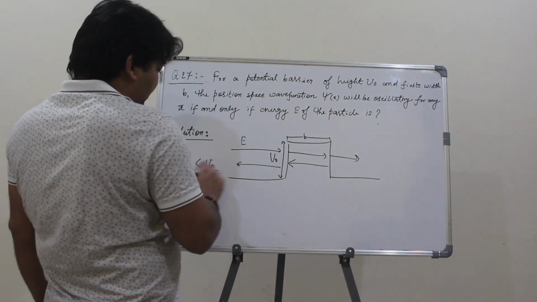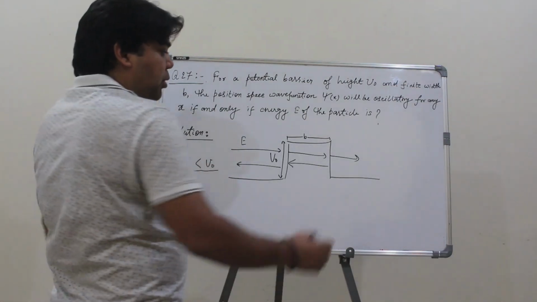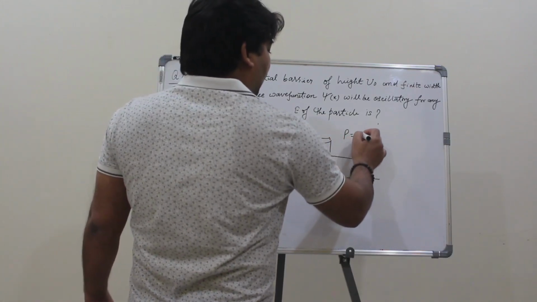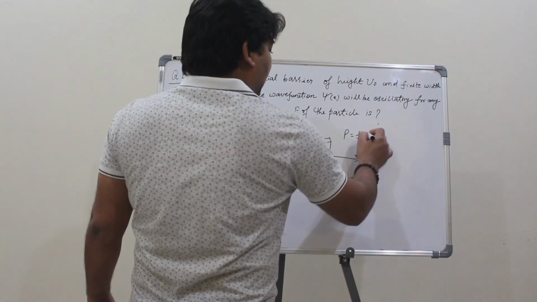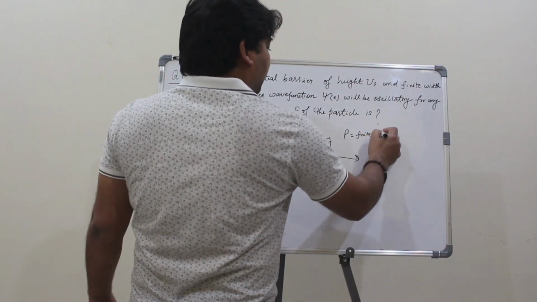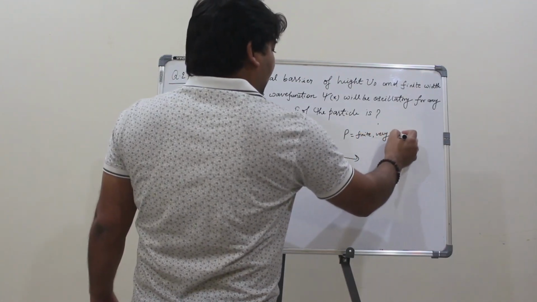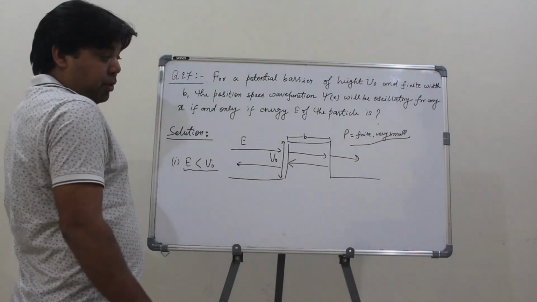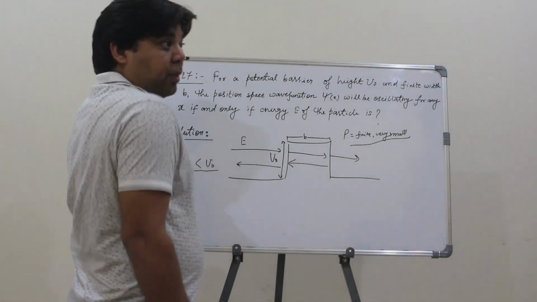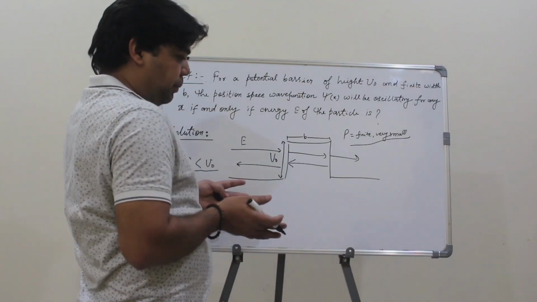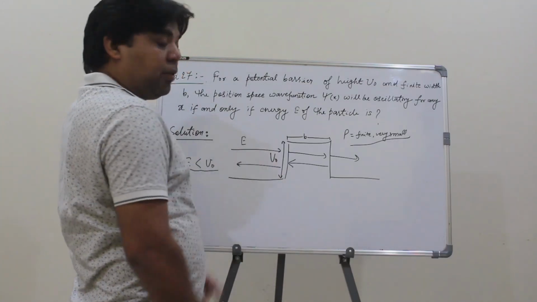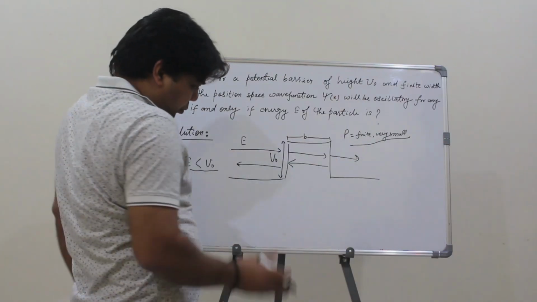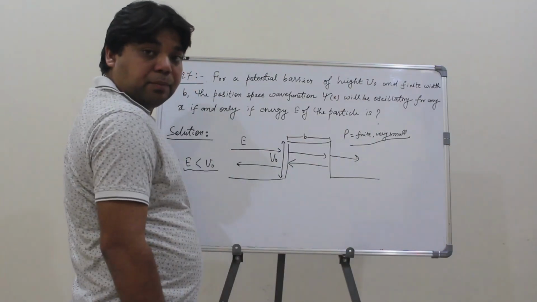In that case, you will observe finite probability here. Probability is finite, very small. Alright? Remember that? So this is what we call quantum tunneling. You know that it is basically the model which George Gamow used to describe the alpha decay, right?